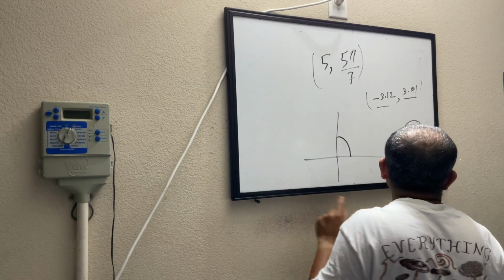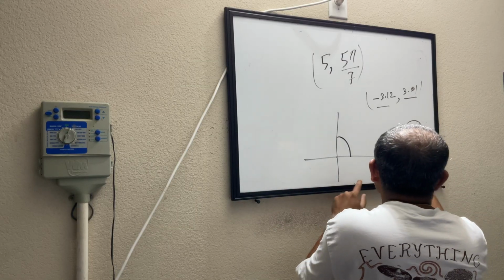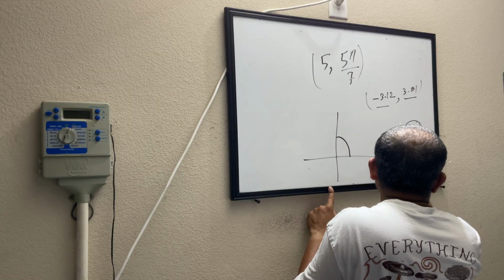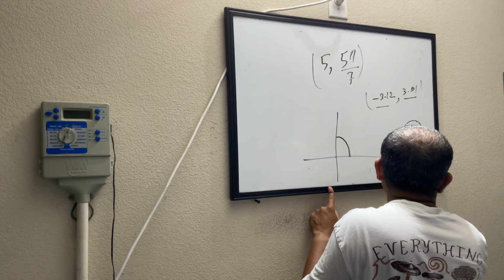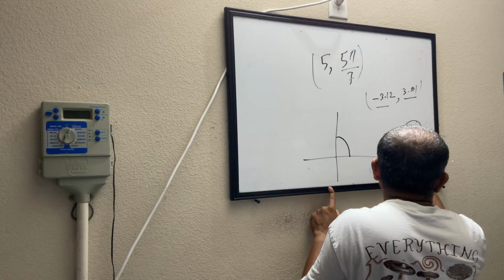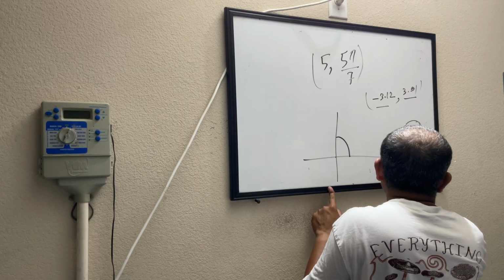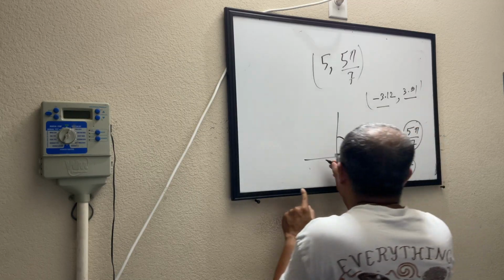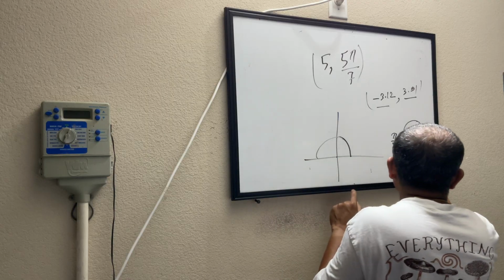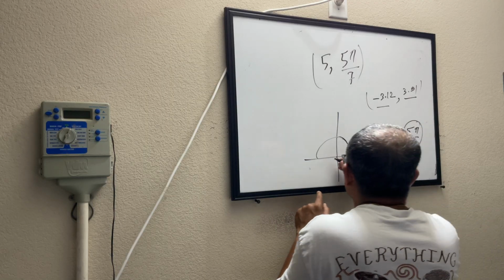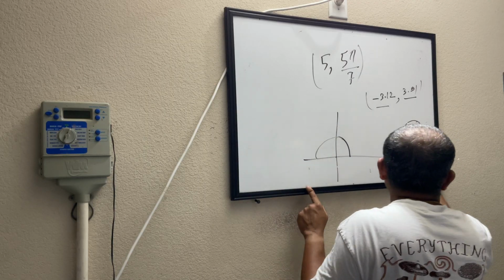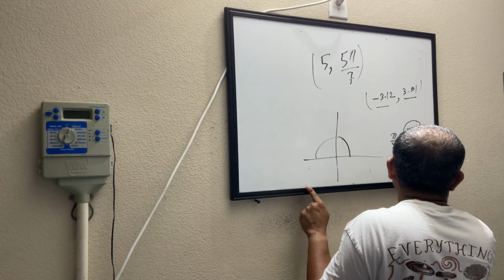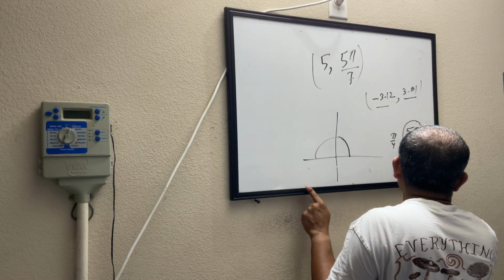If it is 7 pi over 7, then we are going here. It's 5 pi over 7, so it's pi minus 2 pi over 7.